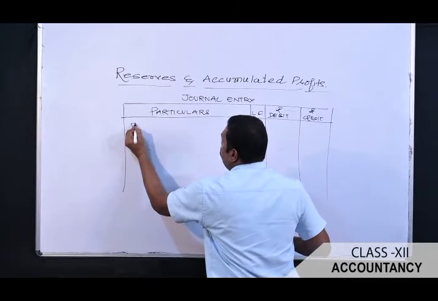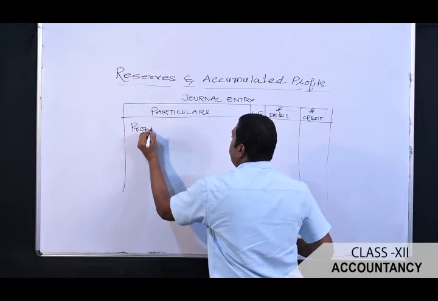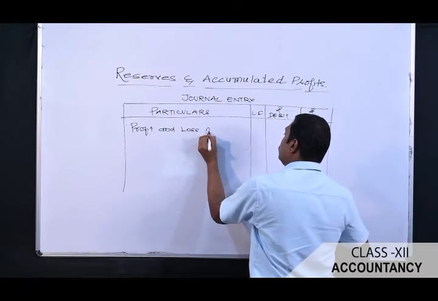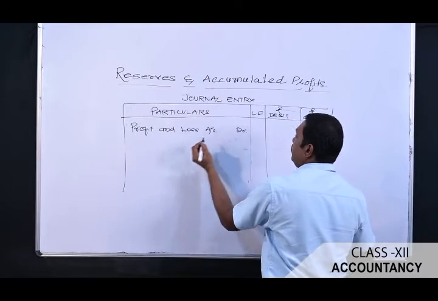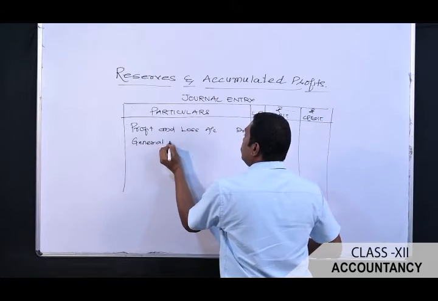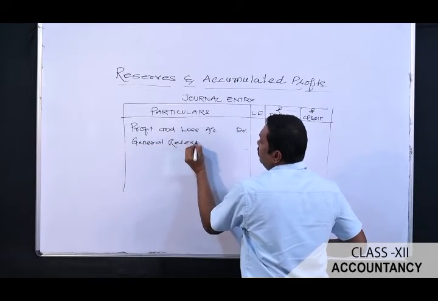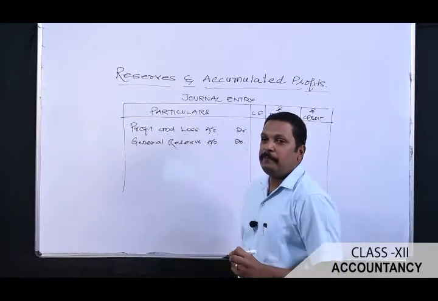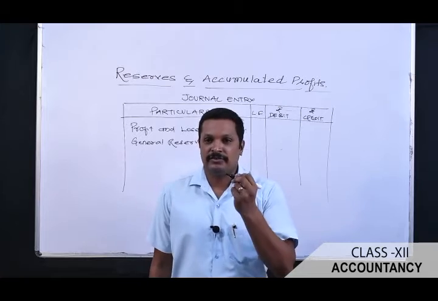So write profit and loss account debit, general reserve account debit. Now how many partners are there in the business? There are three partners, no?